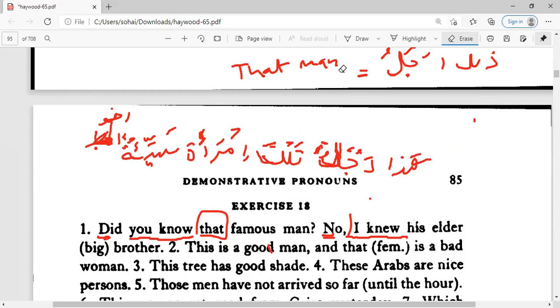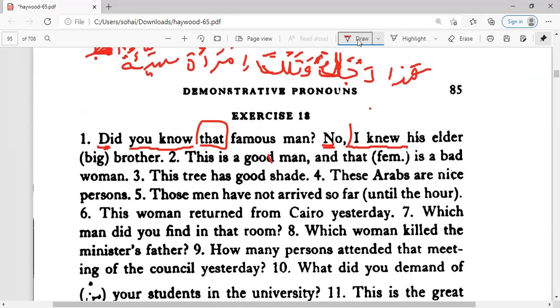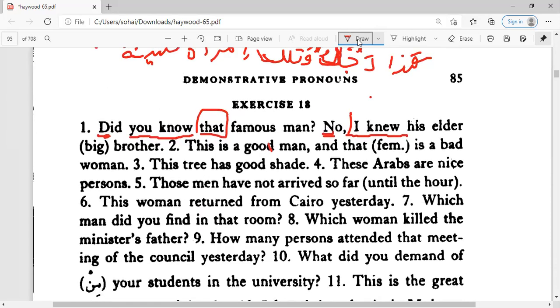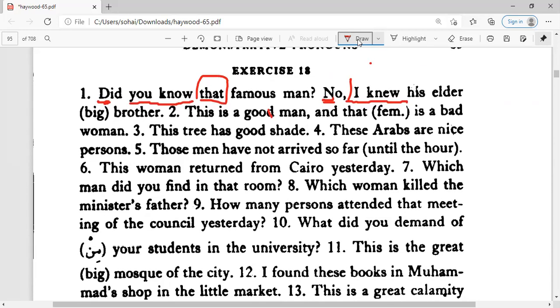Tayyib. Hada rajulun tayyib wa tilka imra'atun sayyi'a. Maybe you could use qabihatun or something like that, which means ugly, but we haven't done it, so okay. The tree has good shade. Okay.